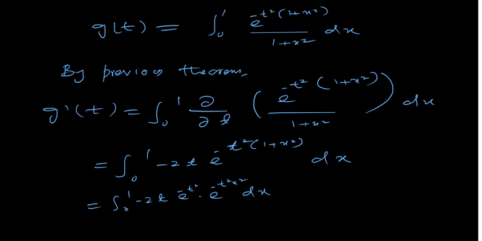So this is integration with respect to x, you can treat this t as constant here. So it's equal to minus twice t into e power minus t square, then you have integration 0 to 1 of e power minus t square x square dx.